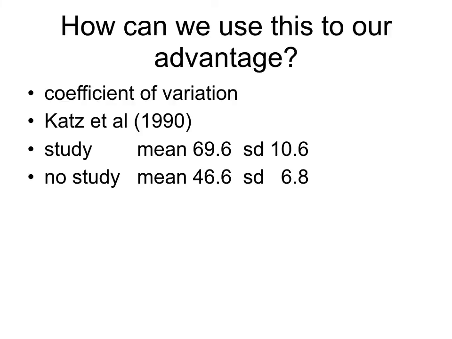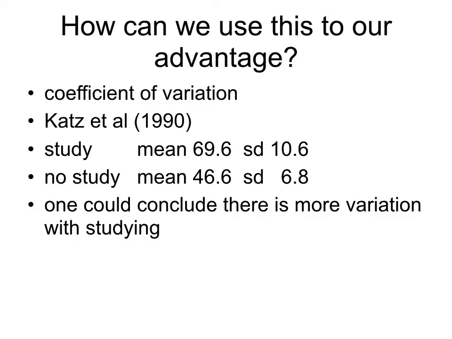You could look at this and make a very strange conclusion that would be supported by the data, by the way. There's more variation when one studies than when one does not study. Doesn't that seem weird? It's exceedingly counterintuitive, right? You would think there'd be less variation when one studies because you're more likely to know the right answer.